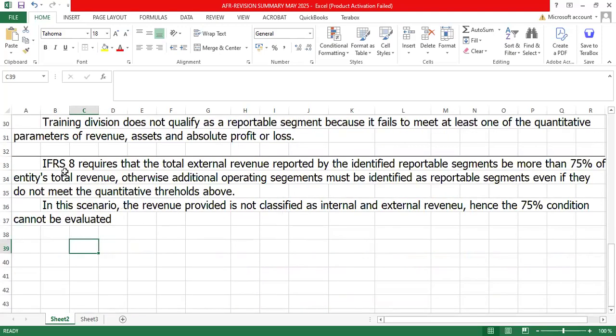To highlight more about this condition, if we had external and internal, how would you test? You first get the total external revenue. You get the figure, then also get the total revenue of all segments.